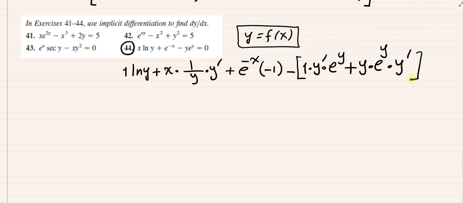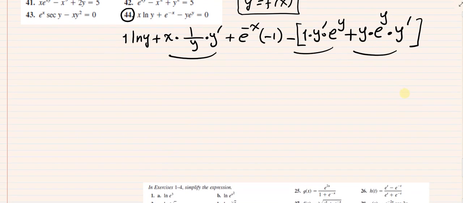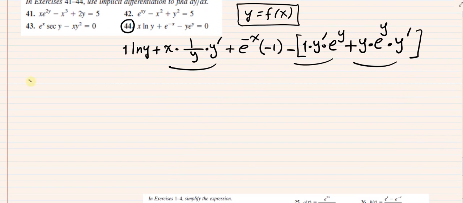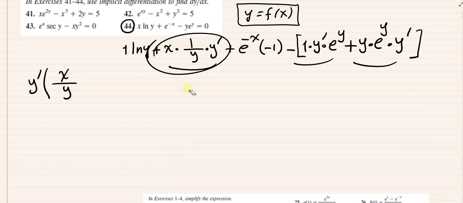Now we need to isolate y prime in number 44. So let's do that. I'm going to collect all the terms with y prime on the left side. On the left side I'm going to have y prime and I'm going to factor. First I have x over y, that's this one.